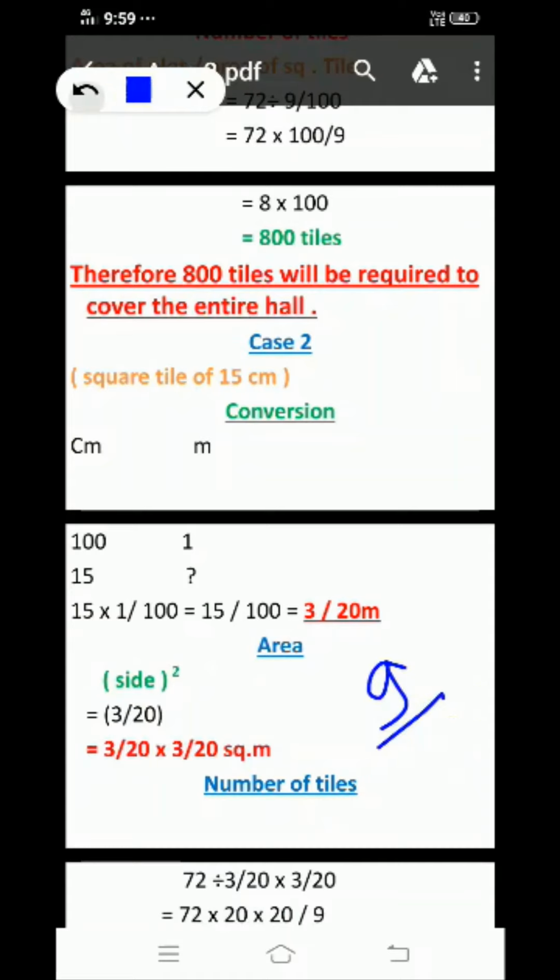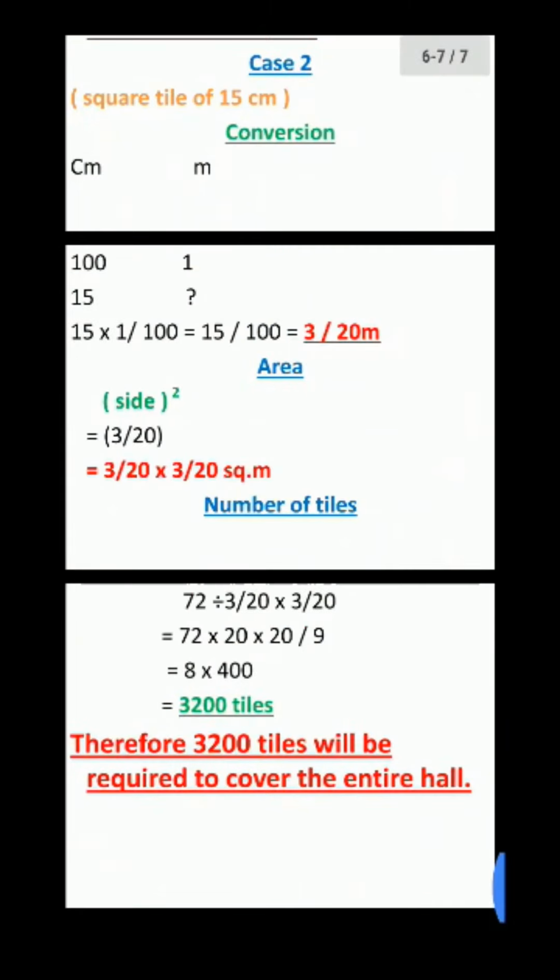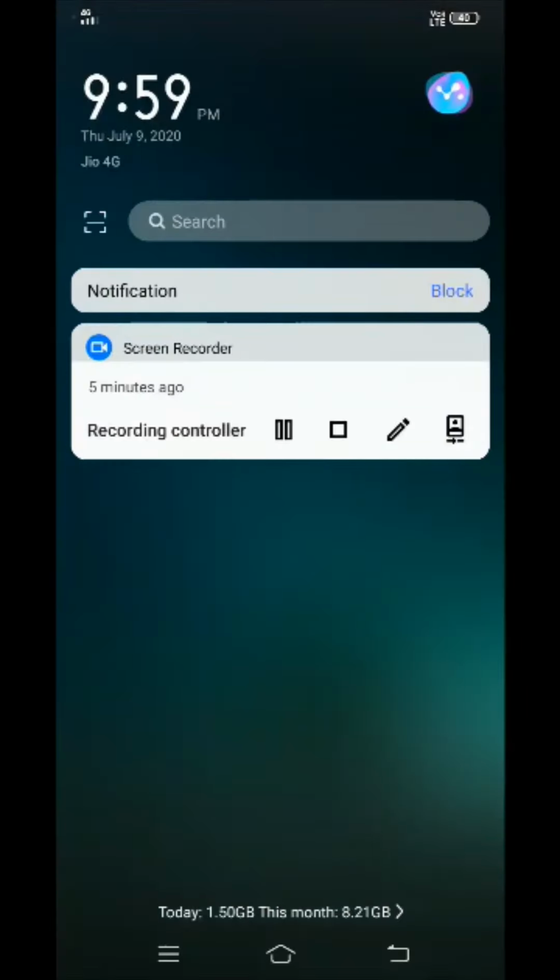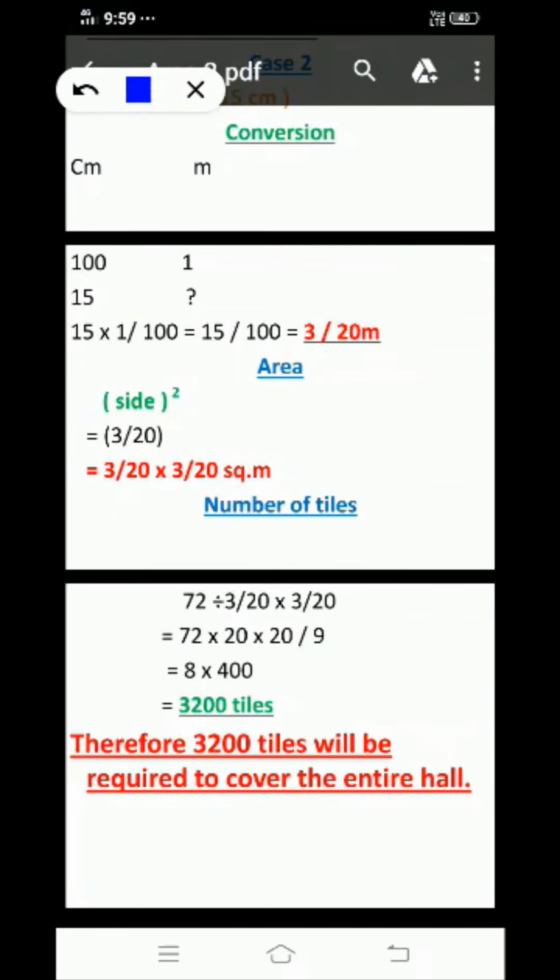Now we have to find the number of tiles, which is the area of the plot divided by the area of a square tile. The area of the plot is 72 divided by 3 upon 20 into 3 upon 20. 3 threes are 9 upon 400, or you can write it as 9 upon 20 into 20.